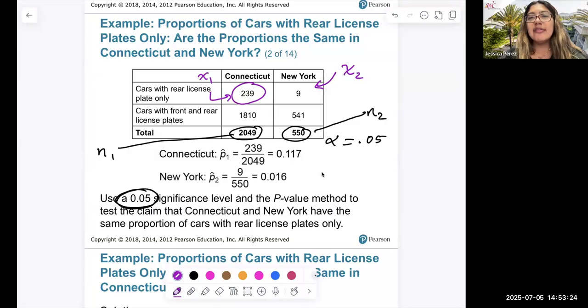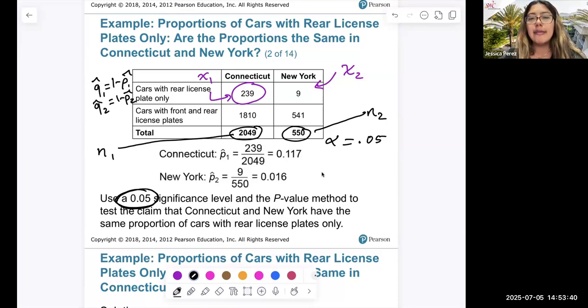Okay, we can find q1 and q2. So we can find q1 hat by doing 1 minus p1 hat, and q2 hat is 1 minus p2 hat.